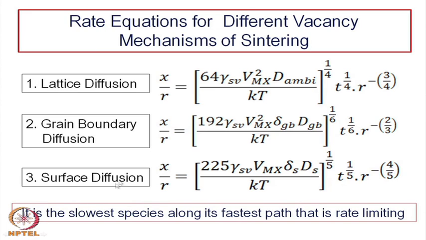In all of these, it is the slowest species along its fastest path that is rate limiting. Well, we are talking about the vacancy mechanism, but we have not talked about which particular vacancy. Is it the metal vacancy, is it the oxygen vacancy? If it is a more complex oxide, there may be 2 or 3 different cations.